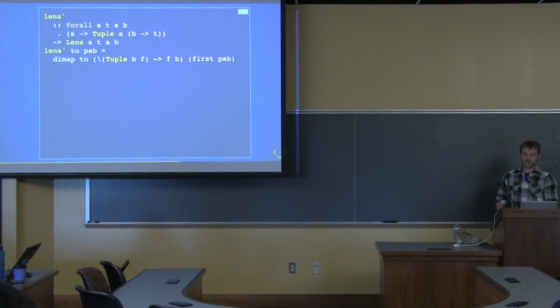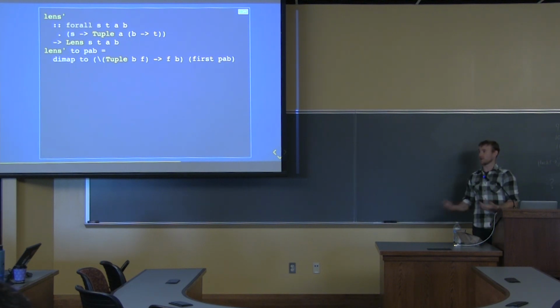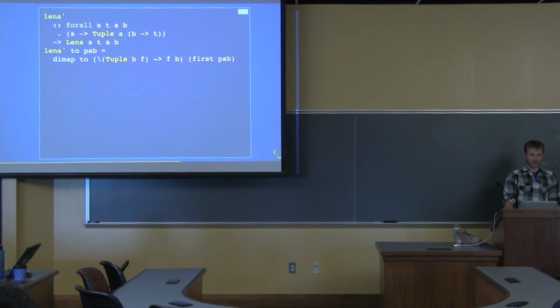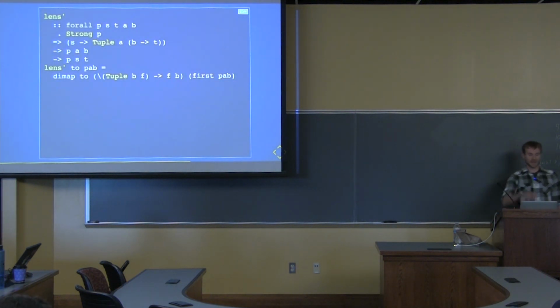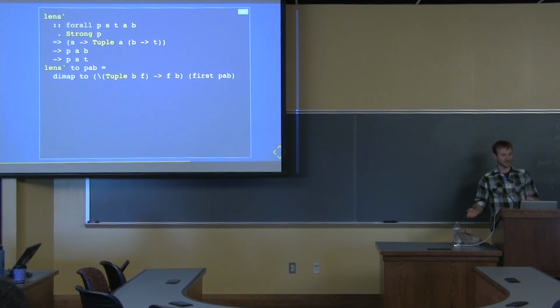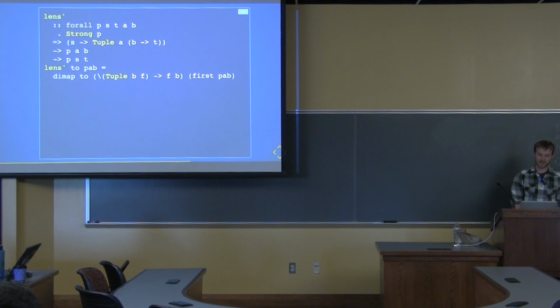The reason for that is that, if you remember, lens is actually an alias for a function. So if we substitute that out, the actual definition takes a function, that S to tuple we were passing in from lens, and then it takes some PAB and returns a PST. That's what this PAB is.